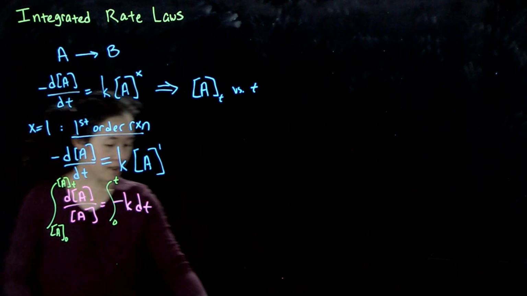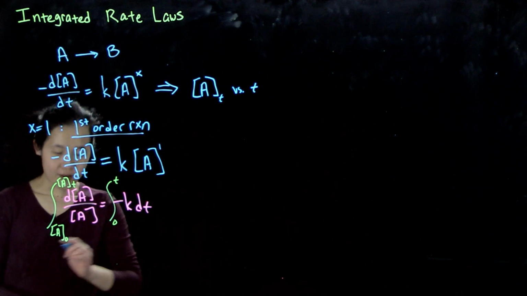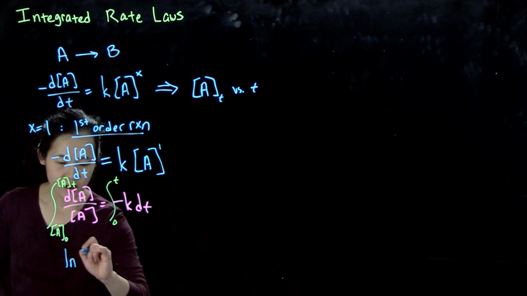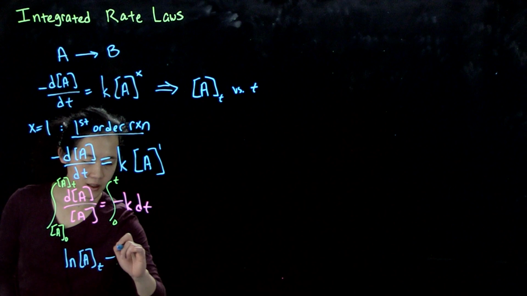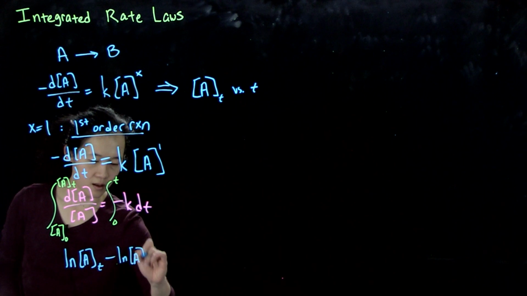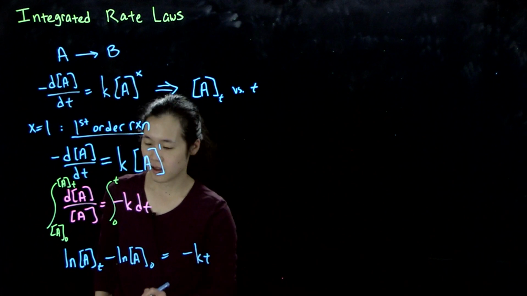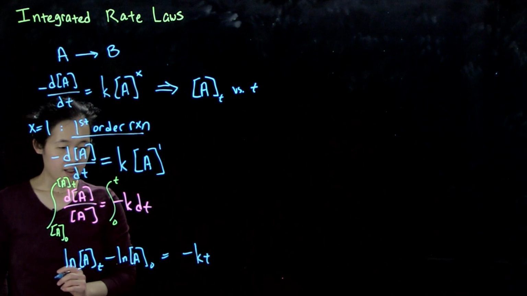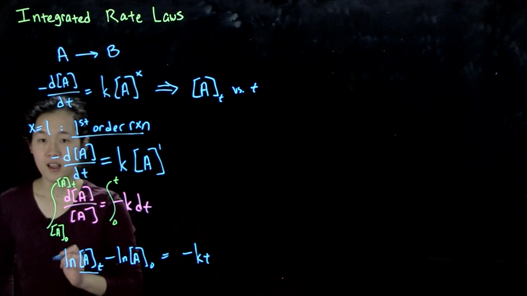And then when we integrate, this should be your known integral, which equals negative kt. And then finally, we can solve for the concentration of A at time t.